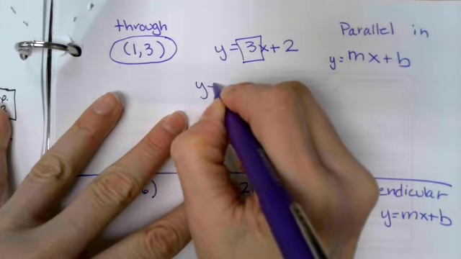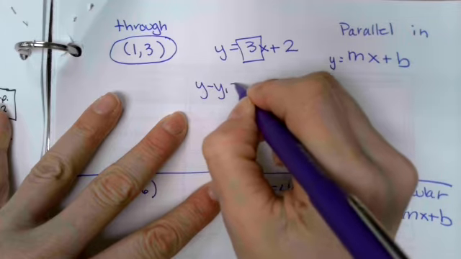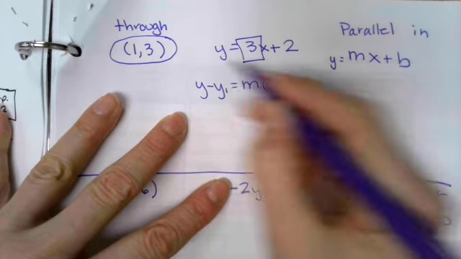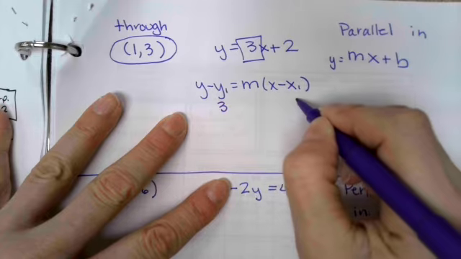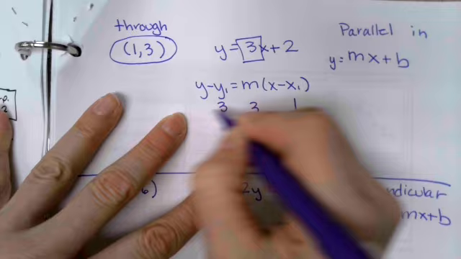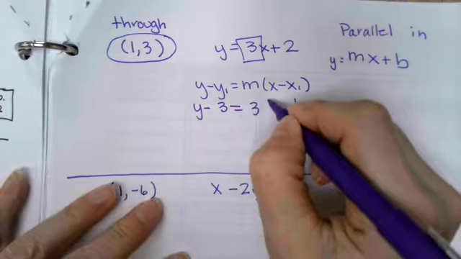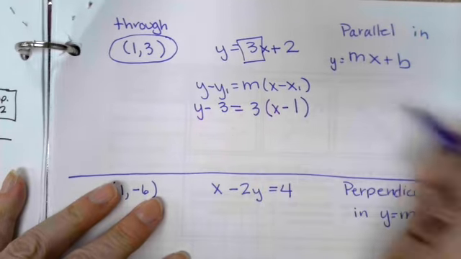So I use this equation, and I plug in my 3, my 1, and my 3. So I have y minus 3 equals 3 times x minus 1.